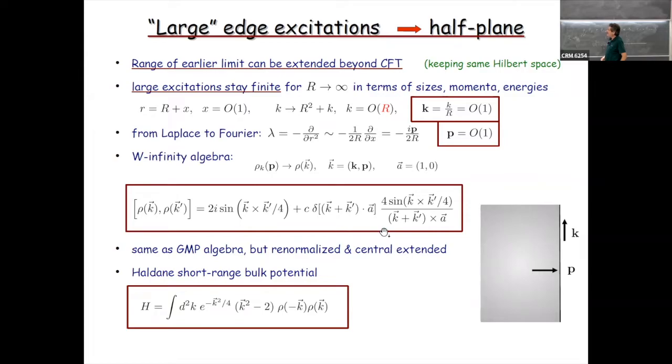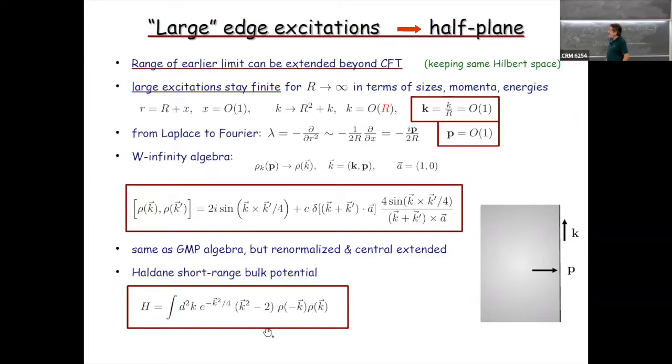You cannot neglect the central extension. And also I can do, in the same limit, I have to introduce a potential in the Hamiltonian for the bulk fluctuations, and I take, for example, a short-range potential, which is most natural, for example, for Laughlin states. And that's in the same limit.